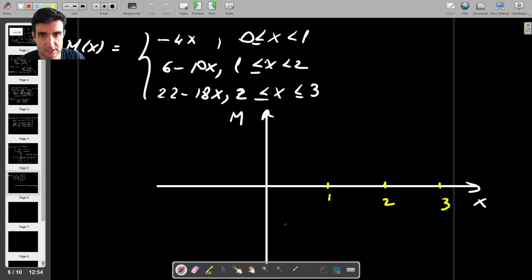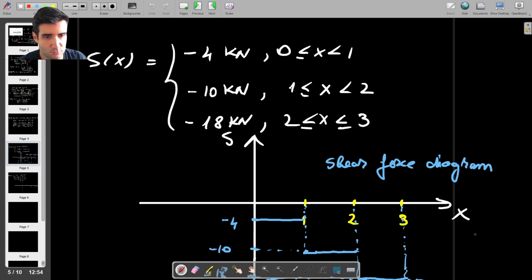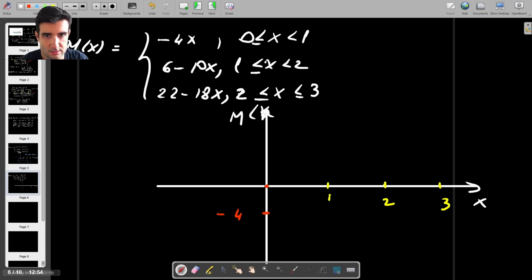So you'll start from the origin, and the bending moment is going to go down to -4 kilonewton meters. So that's going to be -4. Actually, maybe I should put the units here. So X is in meters, and this is in kilonewton meters.